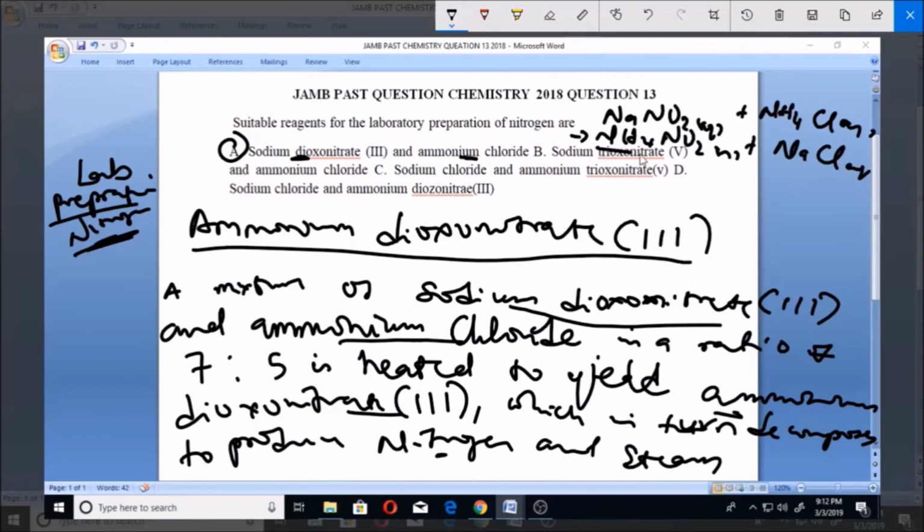This ammonium dioxonitrate 3, which is aqueous, then further decomposes to nitrogen, which is what you're looking for, gas, plus steam, H2O, which is liquid. So that's how you go about the laboratory preparation of nitrogen.